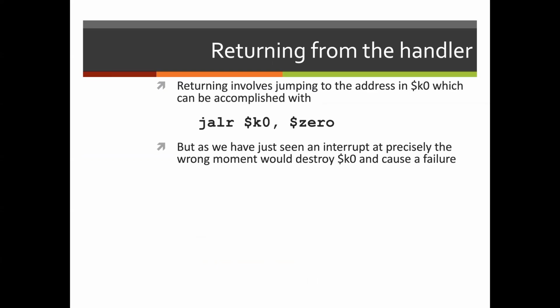But sometimes we see that an interrupt can occur at any given moment, which might result in K0 not being saved properly. So what do we need to do in this case?